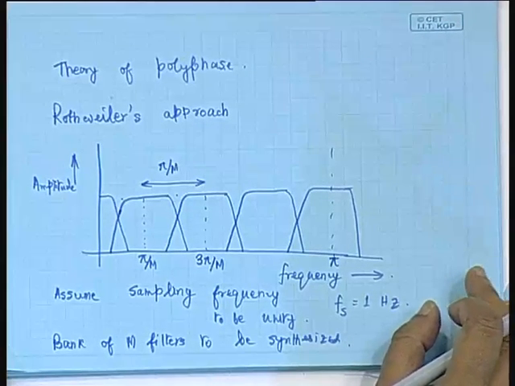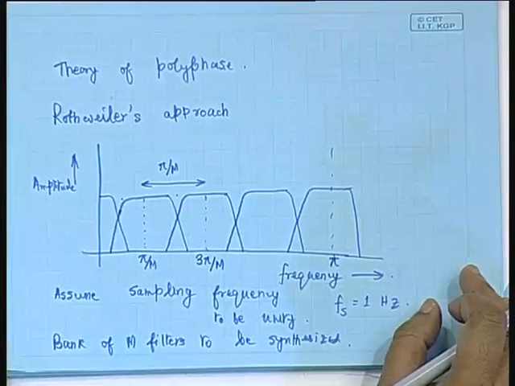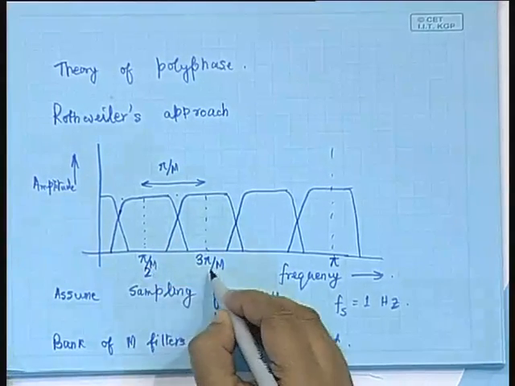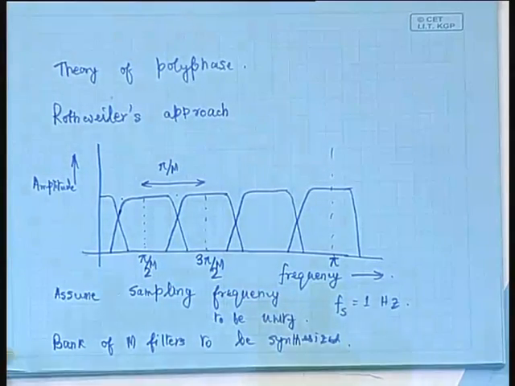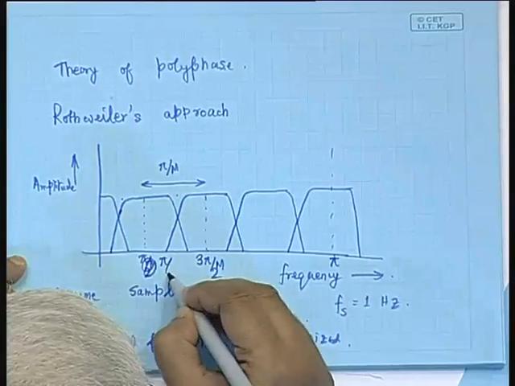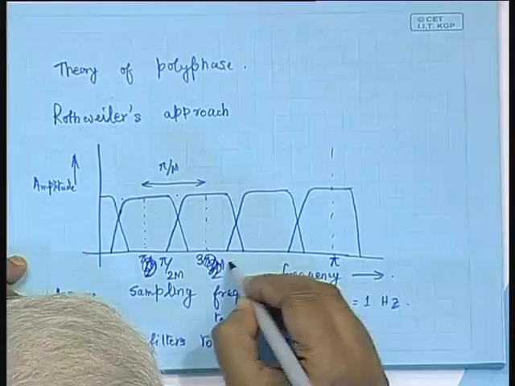Pi by 2M, yes, pi by 2M and 3 pi by 2M, sorry, yes, correct. The center frequencies are pi by 2M and 3 pi by 2M.